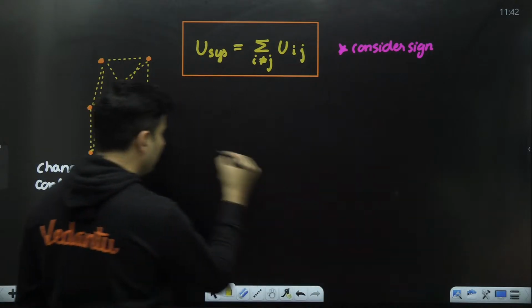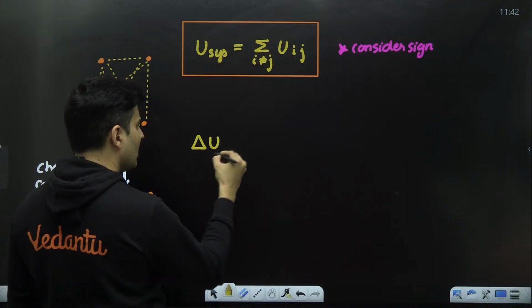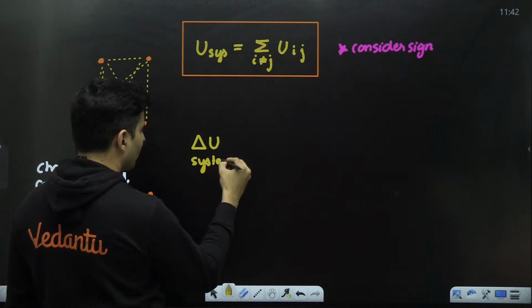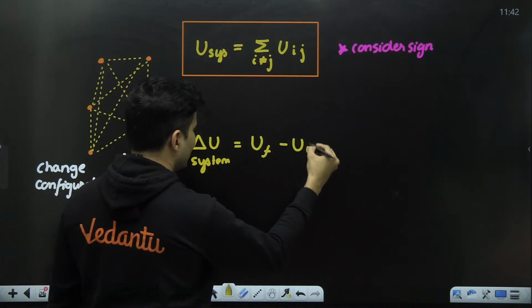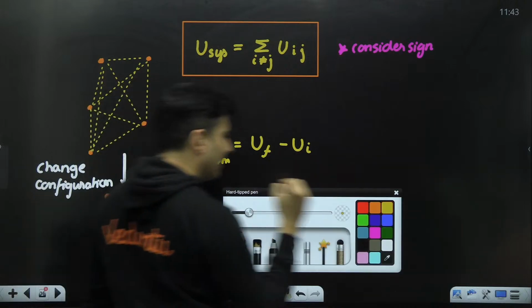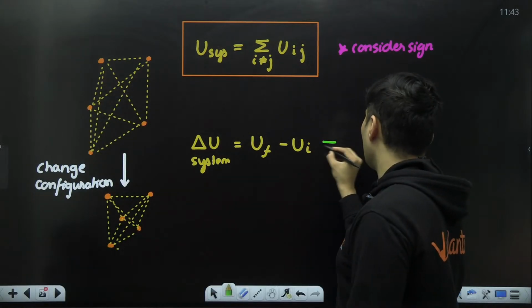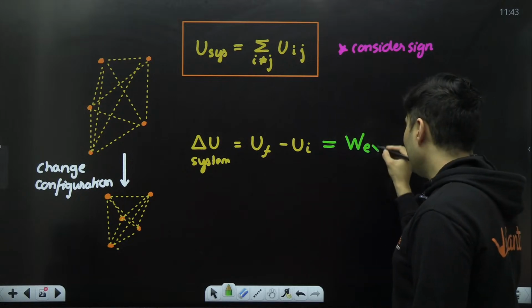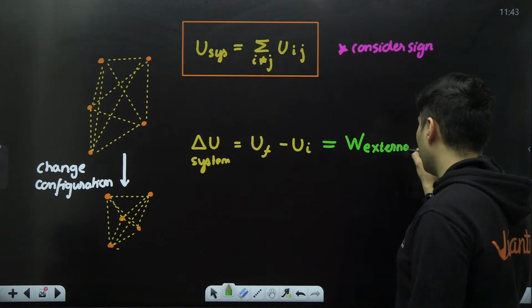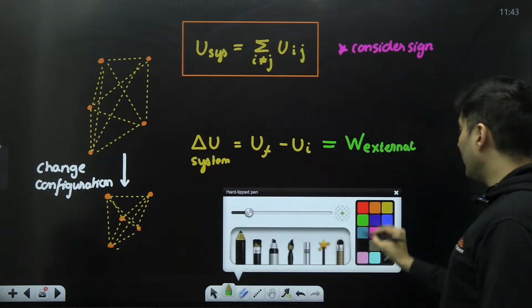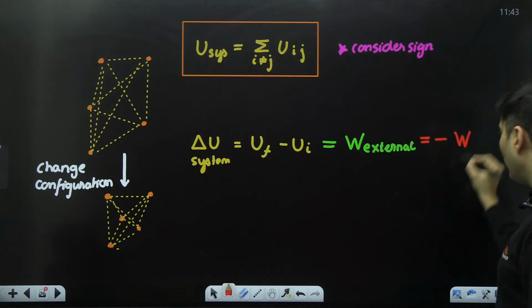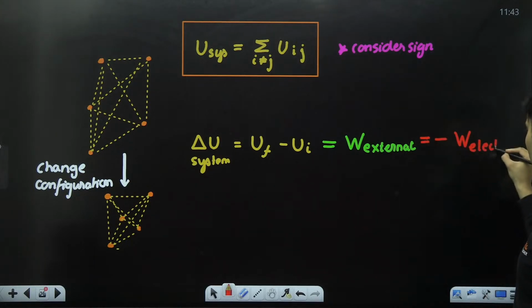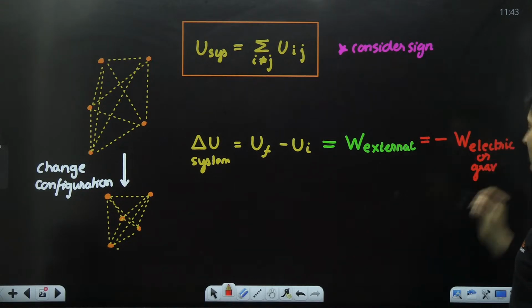So there will be a change in the potential energy of that particular system, and that is nothing but your final potential energy minus initial potential energy. Please note that this change will be exactly equal to the work done by the external agents or forces, but also it will be the negative of the work done by the electric or the gravitational forces. Please keep that in mind.